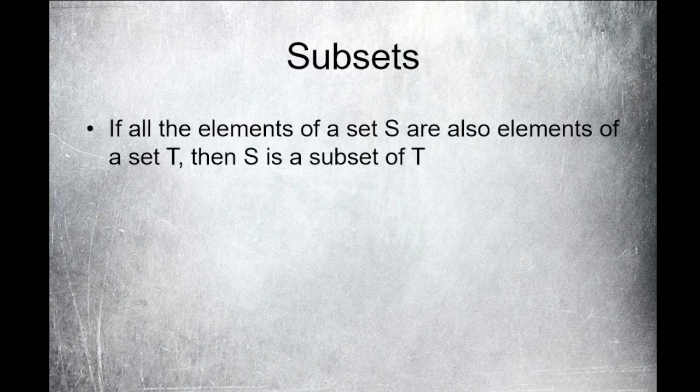Now there is a concept of subset. Let's see what a subset is. Suppose I have a set S, and if all the elements of S are also elements of set T, then we can say that S is a subset of T. And how is it represented?